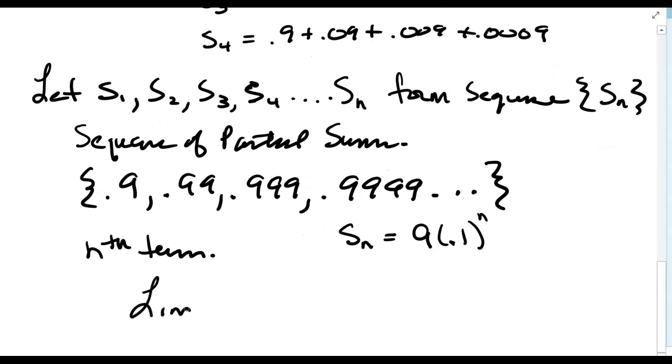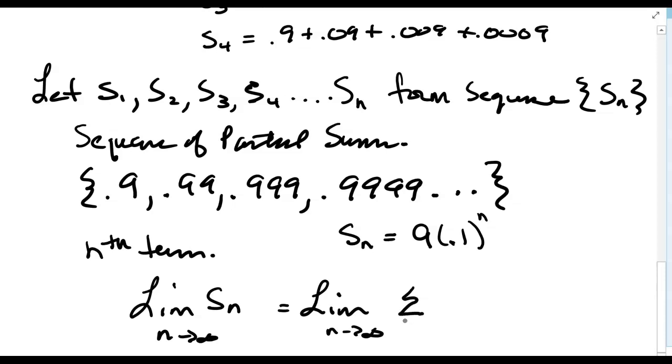So the limit of s sub n as n goes to infinity, and I want to take the summation of those partial sums, but I want to take it as we go to infinity.